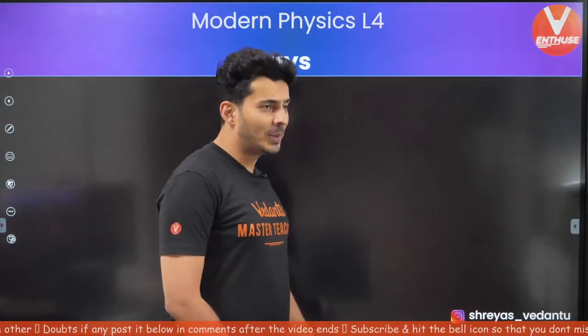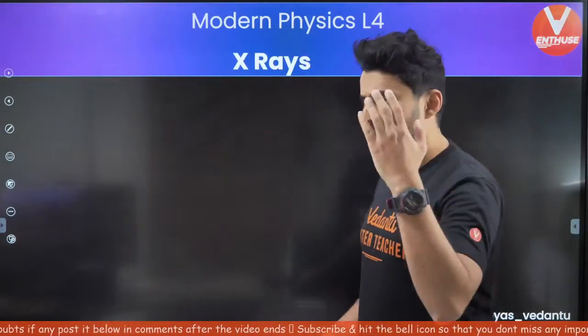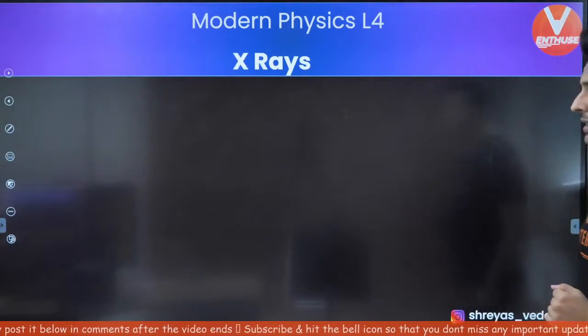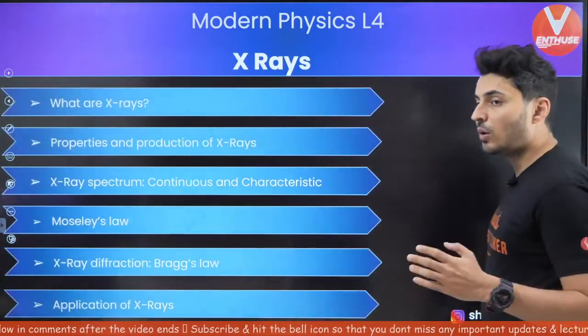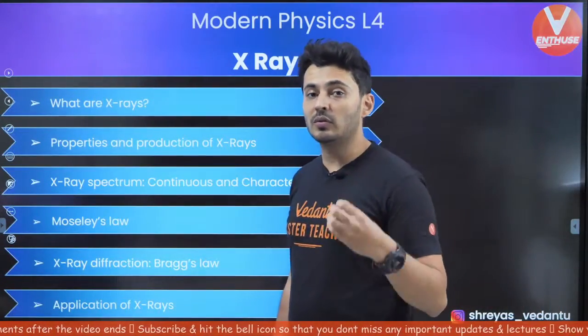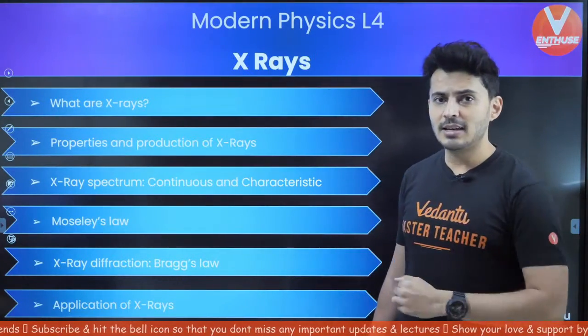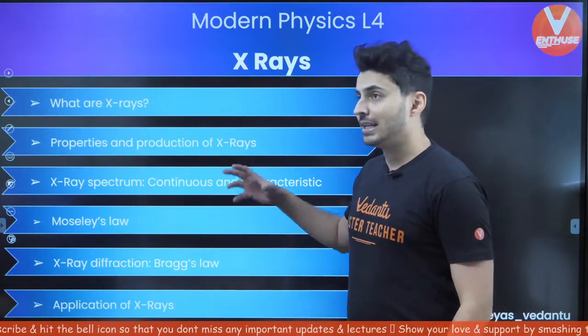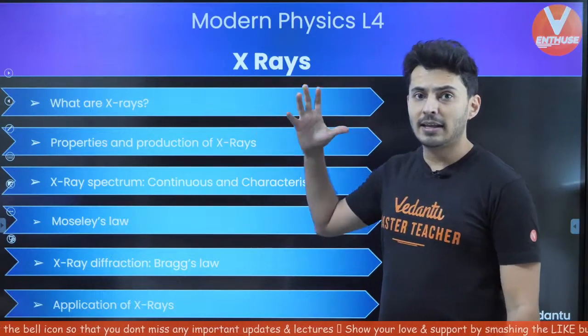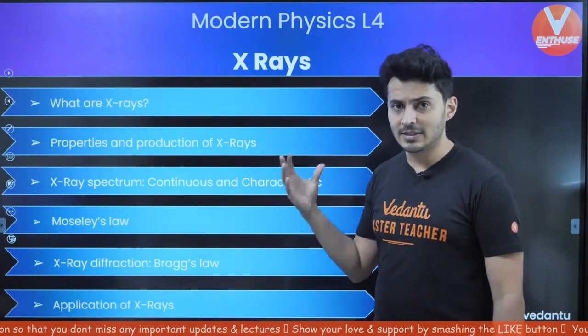Now those of you who do not know me, well, I'm Shreyas, and I'll tell you what we're going to do today first. So in this lecture of modern physics, which is also for term 2 and also an important chapter for JEE Mains, what we are going to do today is the properties and characteristics and applications of X-rays first.